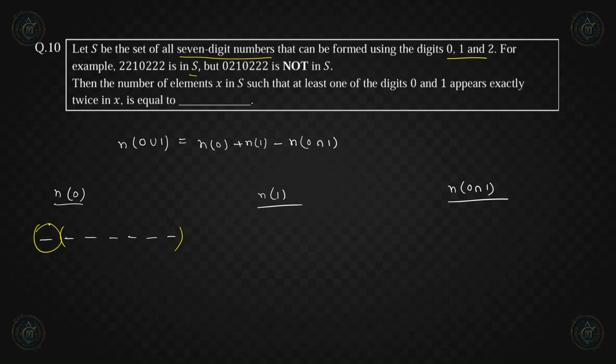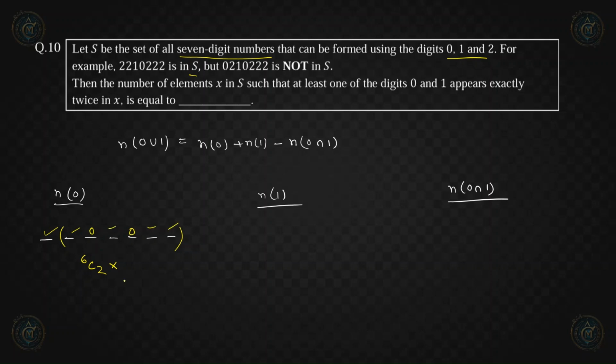We are not interested in this place, because if we put a 0 here, this will be a 6 digit number, right? So that case is not considered in our counting. So we choose 2 places among these 6 places, and let's say we place 0 and 0 here. Then we have how many places left? We have exactly 5 places left, right?